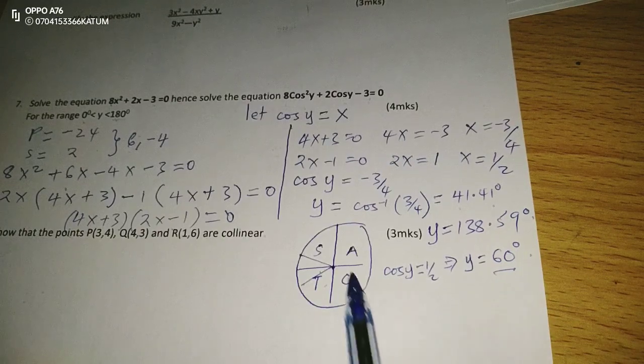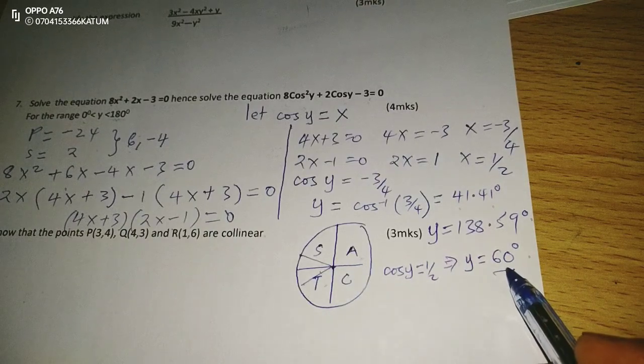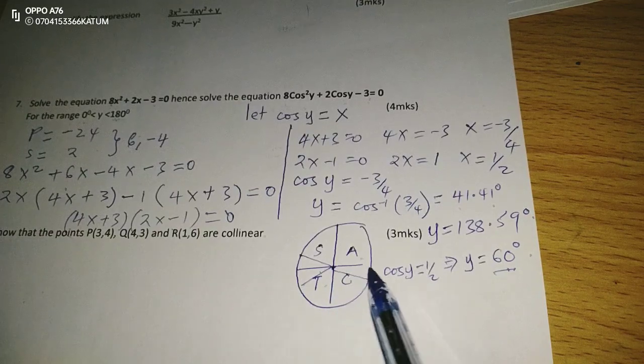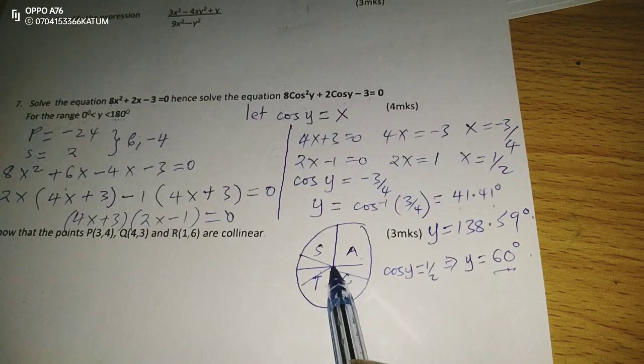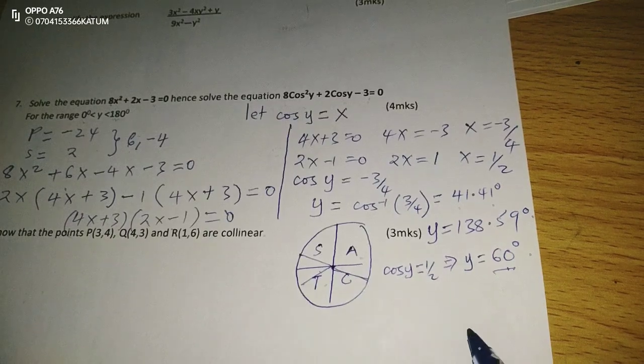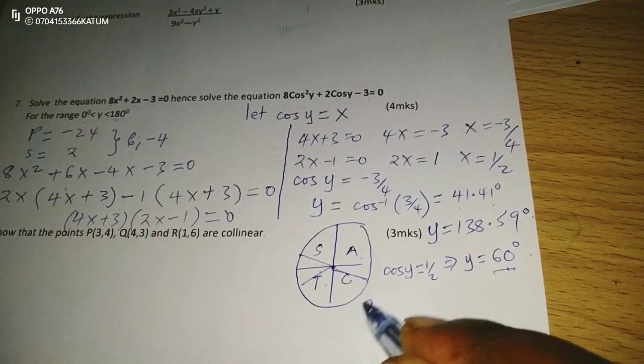That is either in the first quadrant, whereby it is 60 itself, or in the fourth quadrant, whereby it will be 300 exactly. And 300 is beyond the limit. Therefore, we're going to go by only two options.